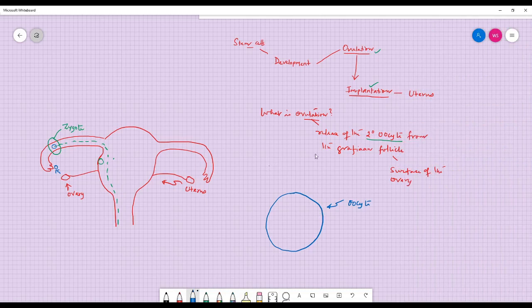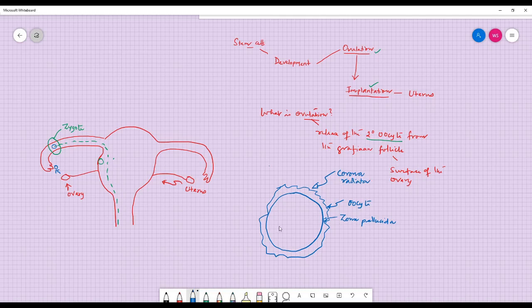The outer layer is the zona pellucida. Outside this is a layer that we refer to as the corona radiata.